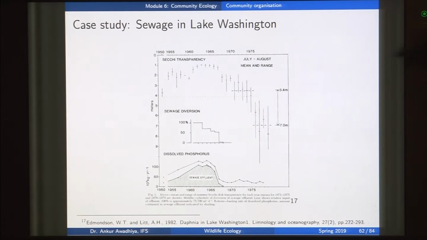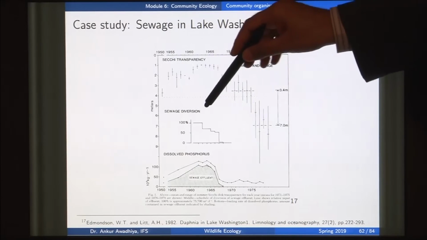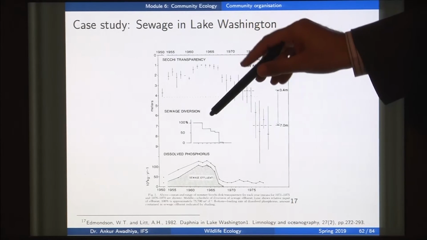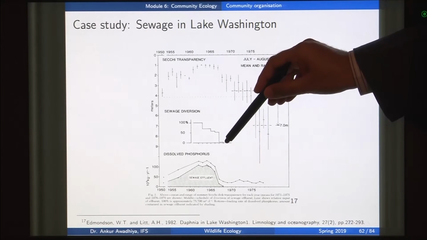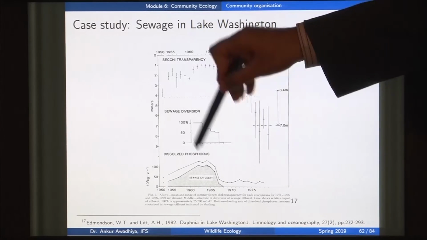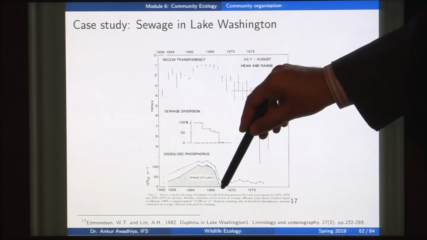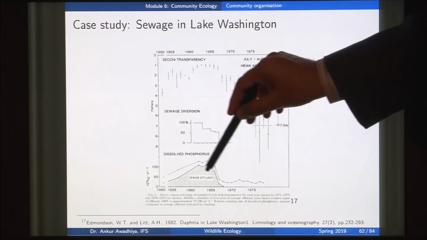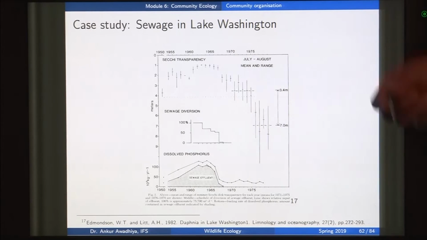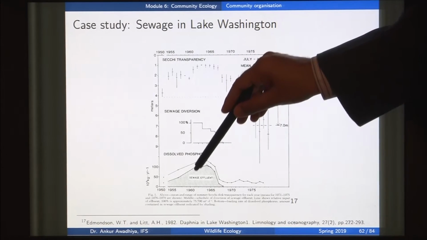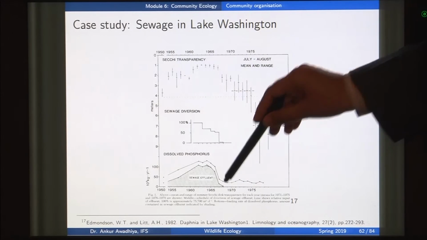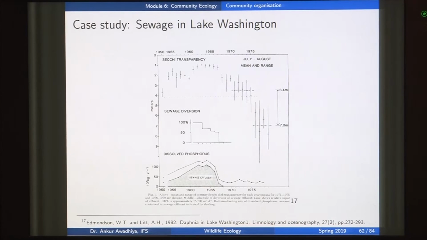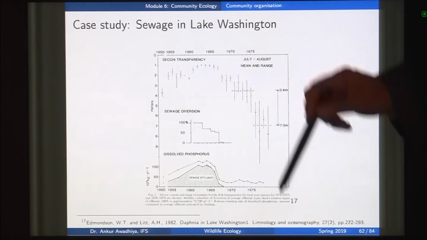So, this is showing you the amount of sewage that remains. After diversion, at this point you do not have any particular amount of sewage being put into the system. Now, this curve is telling you the sewage effluent that was there in the lake. At this particular point of time you have started reducing it, and after a while you do not have any other effluent being put into the lake.